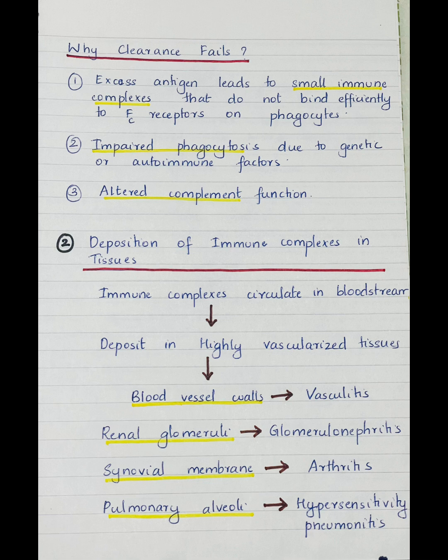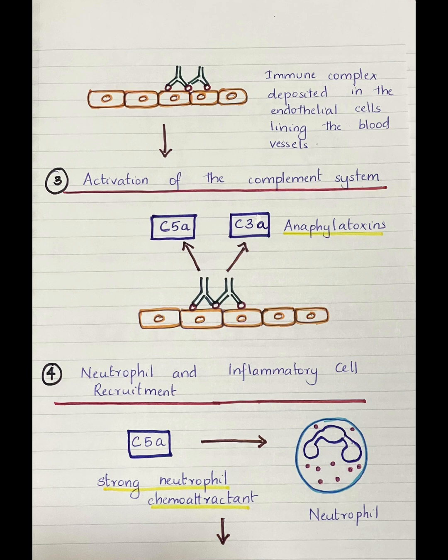And if the deposition happens in the synovial membrane, it can result in arthritis. And if it is in the pulmonary alveoli, it can lead to hypersensitivity pneumonitis. As you can see in the figure, immune complex gets deposited in the endothelial cells lining the blood vessels.